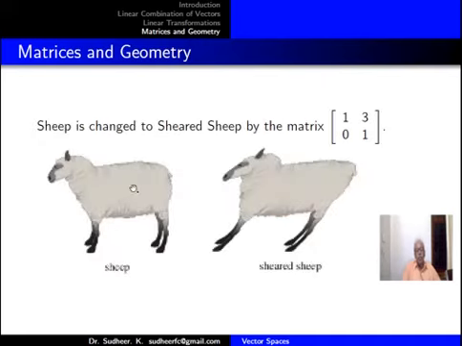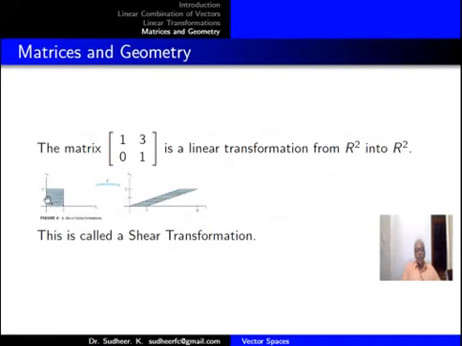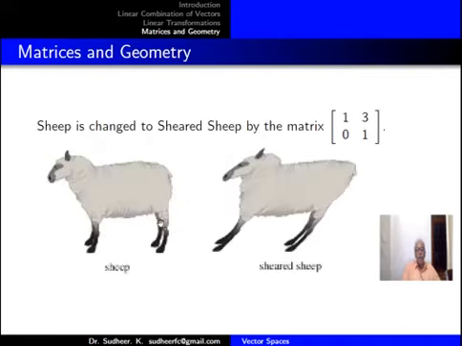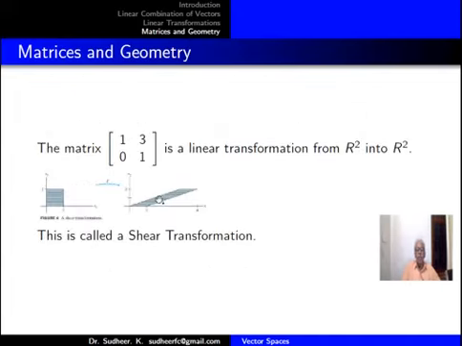Suppose you keep a photograph in the unit square and you apply the matrix. What will happen? The photograph will get sheared, making a deformed photograph. So what happens if you make a very large shearing? Very large shearing means the parallelogram will be of this type.